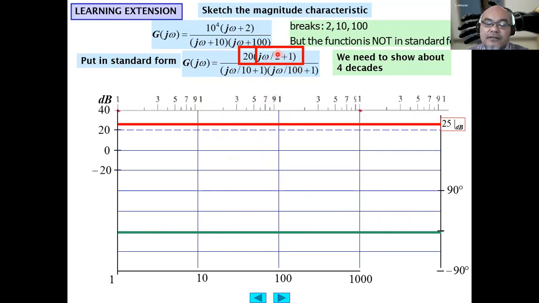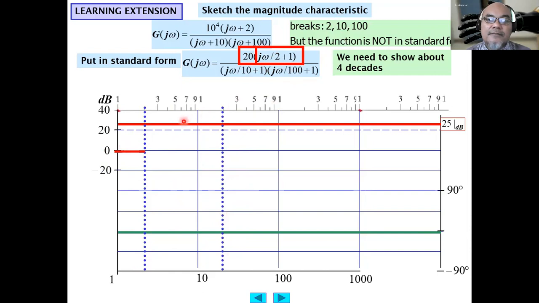The first is a 0 of 2, so at 2 radian per second here. The second break corner frequency is at 10.